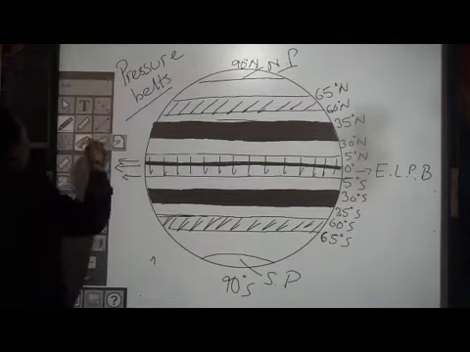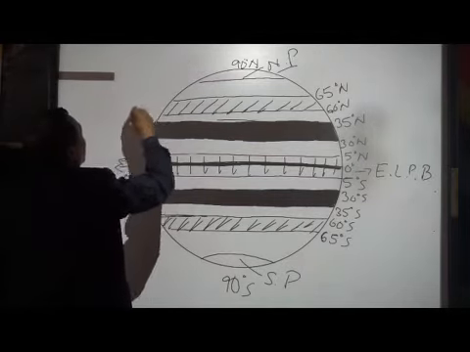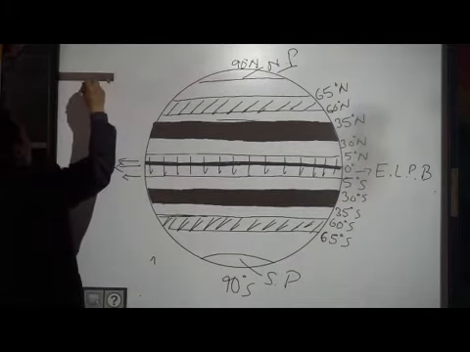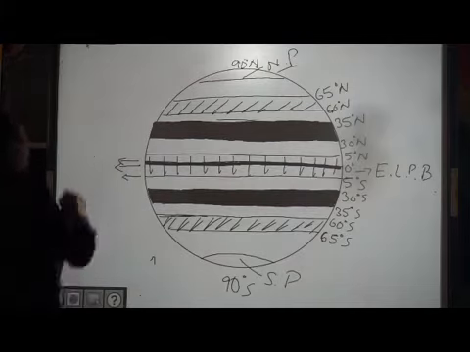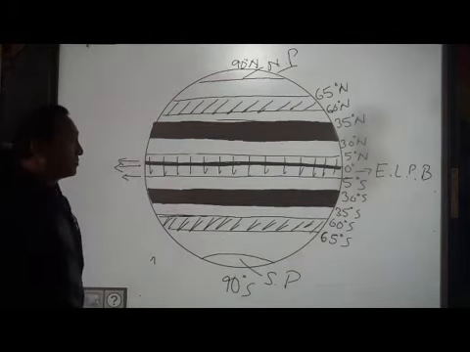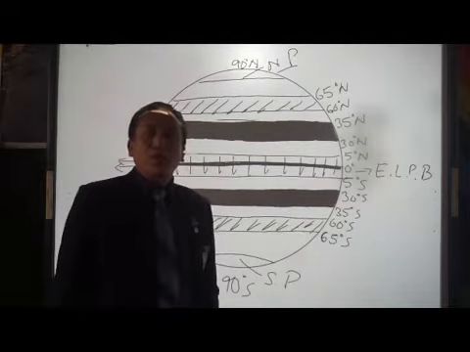Okay, I'll just erase this one. Here, see, warm air rises up. Now the second pressure belt. The second pressure belt which we have is called the subtropical high pressure belt.